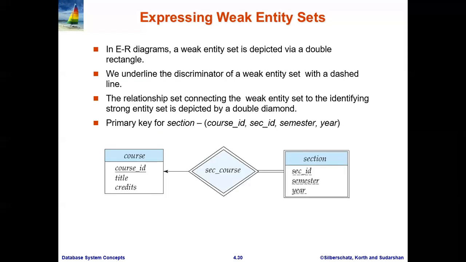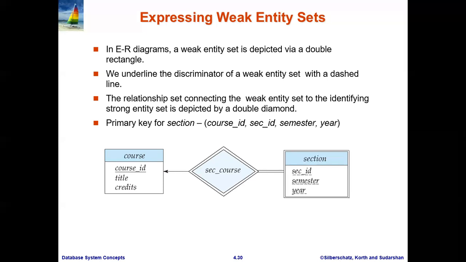So as section is a weak entity set and course a strong entity set, there is one-to-many, many at the section side, one at the course side, and total at the weak entity side. So section is shown by double lines from the relationship set. That's why it is total participation of section, right?